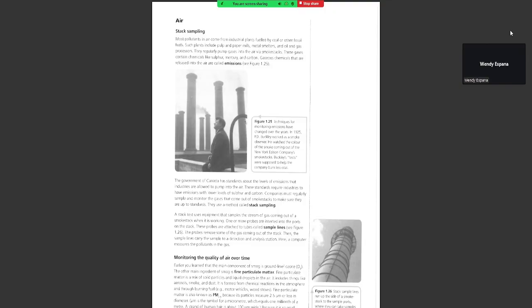Another thing that we monitor, remember we talked about earlier, is smog. Smog was the ground level ozone, very toxic. Remember, ozone's very useful. It keeps the ultraviolet rays from coming in to the Earth's atmosphere, and as a result, we don't have damage to our skin from the ultraviolet rays.